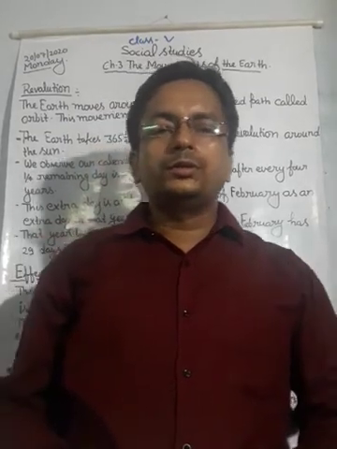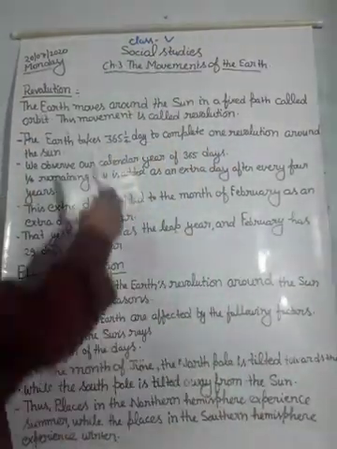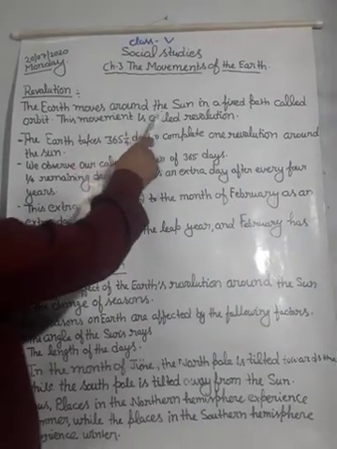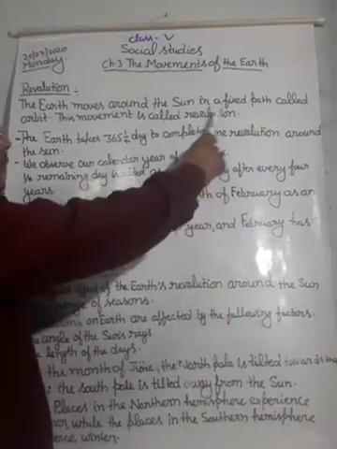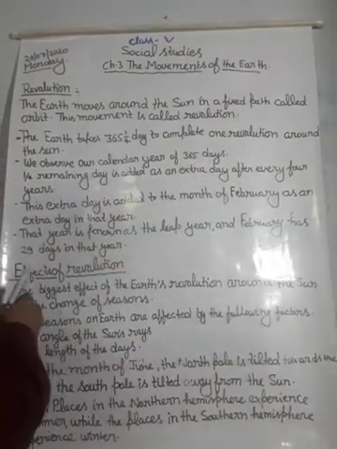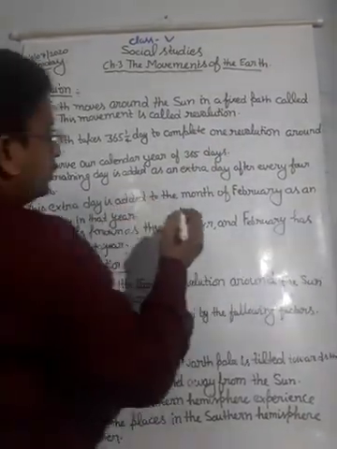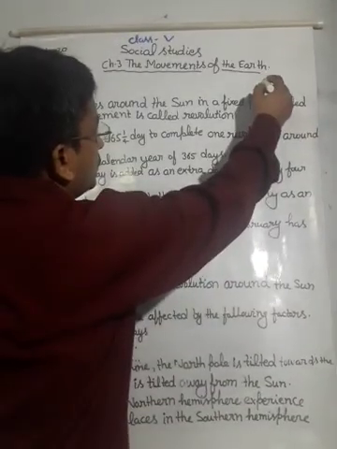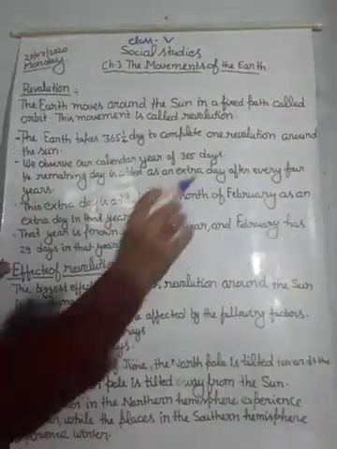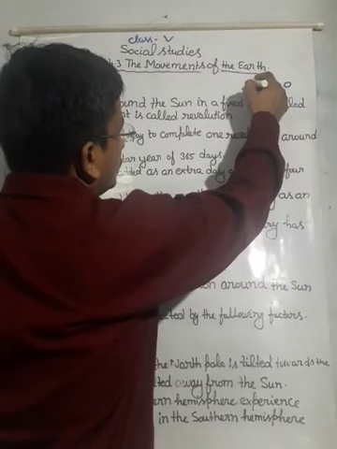Dear students, in revolution, the Earth moves around the Sun in a fixed path called an orbit. For example, here is the Sun and this is the Earth.